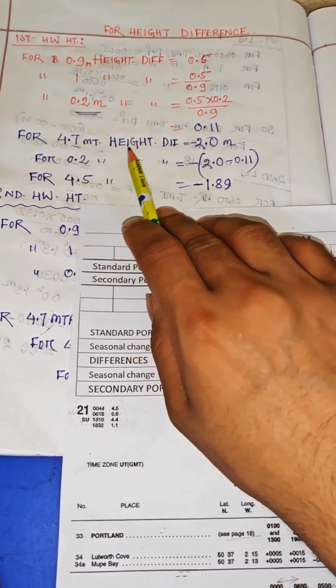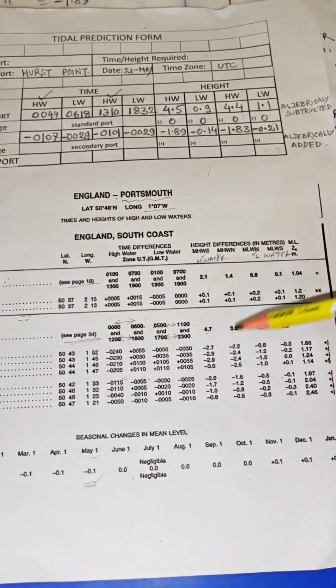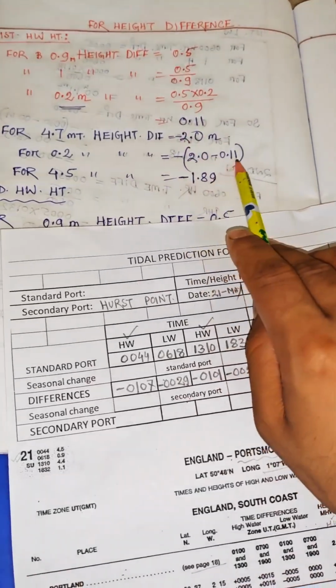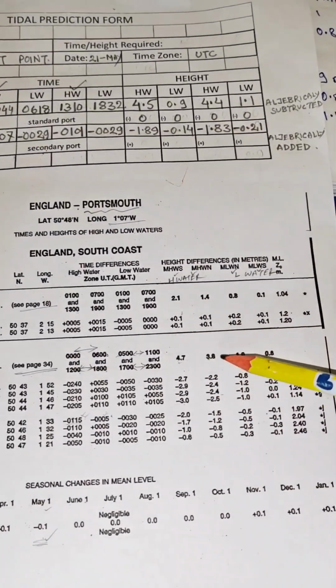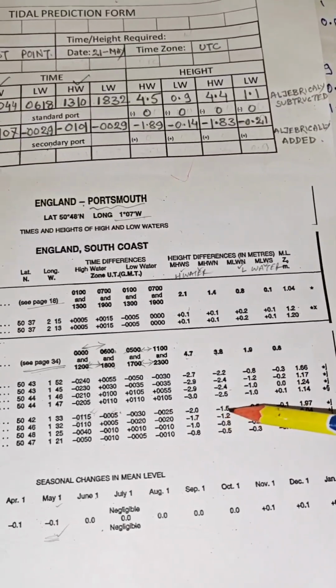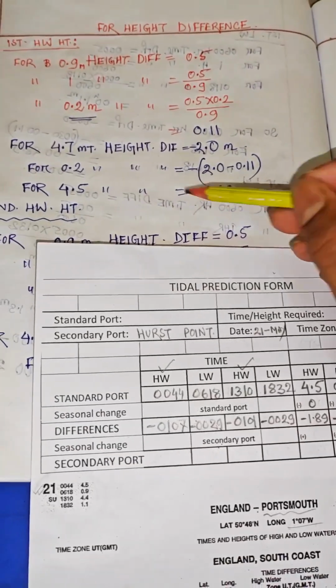So for 4.7 meter height difference, 2.0. You see this one for 4.7, 2.0, and for 0.2, this one I found. So I subtract this one because, you see, 4.7 to 3.8 and it's decreasing, correct? 2 to 1.5. So this one is the 4.5.